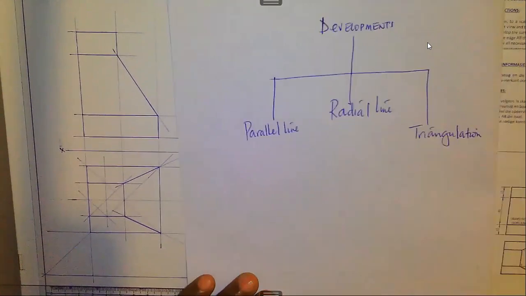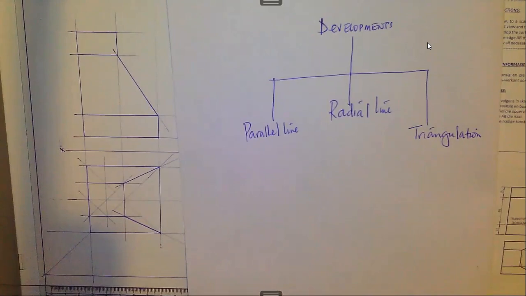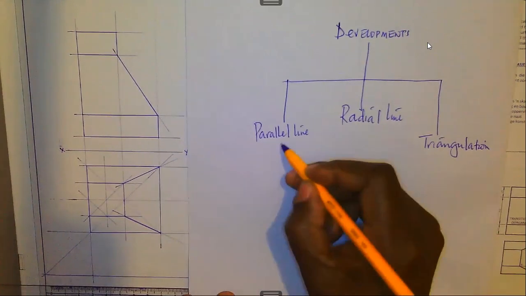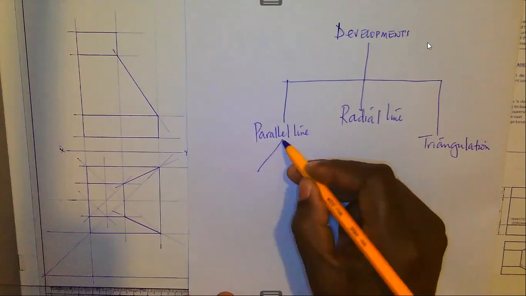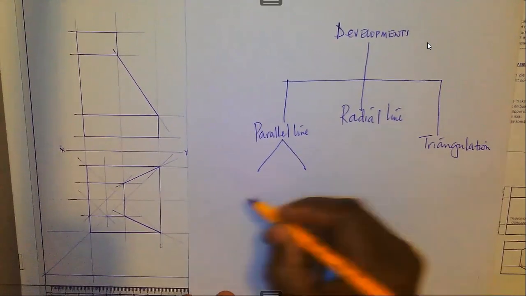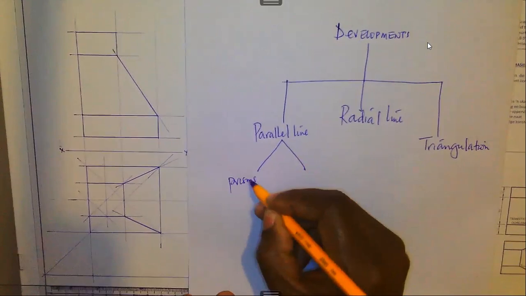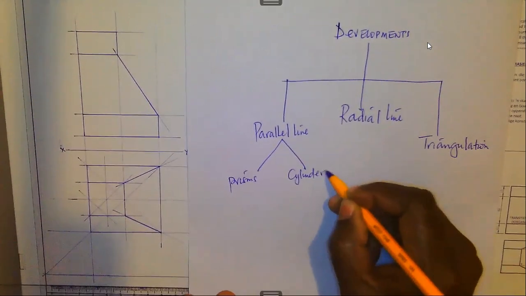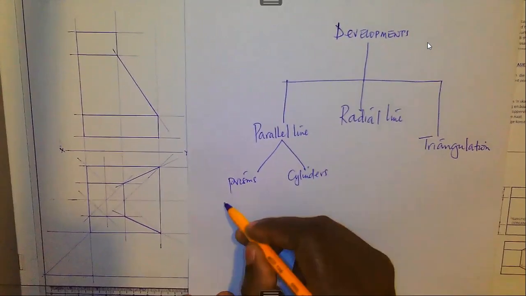Right, and what do these methods relate to? You'd find that the parallel line method is mainly focused on prisms and cylinders, and there's something common with regards to these ones.